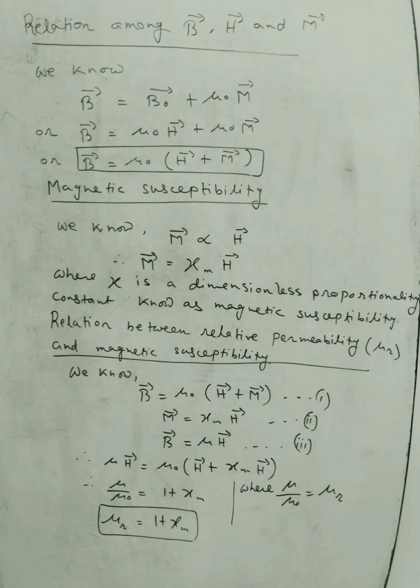So the relative permeability of a medium is equal to 1 plus the magnetic susceptibility of that medium with respect to air, where mu 0 stands for the magnetic permeability of air or vacuum.